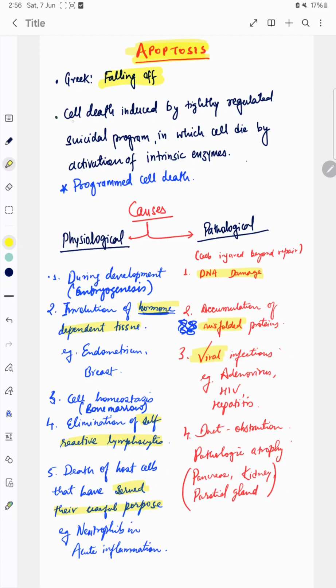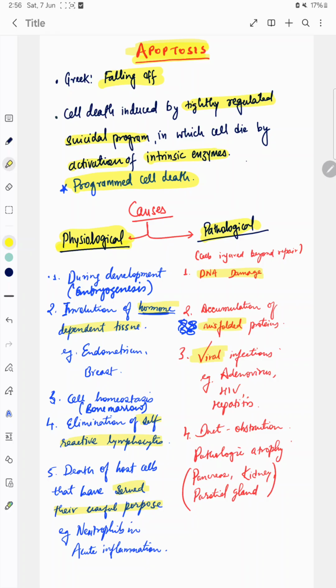By definition, it is cell death induced by a tightly regulated suicidal program in which the cell dies via activation of intrinsic enzymes. This is also known as programmed cell death.